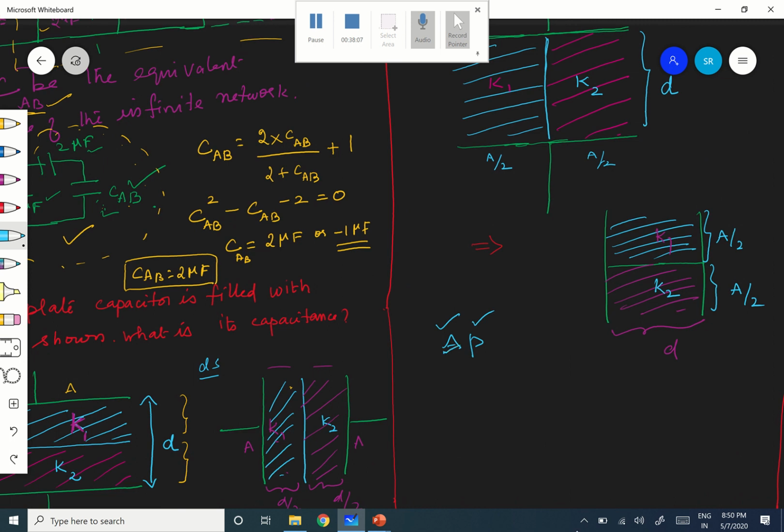Area divided means parallel. Here, distance between the plates divided means it is series. Like that you keep, it will be easy. Parallel is very, very simple.